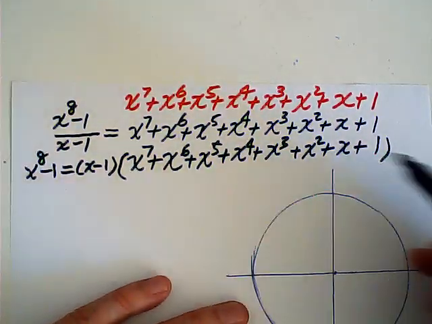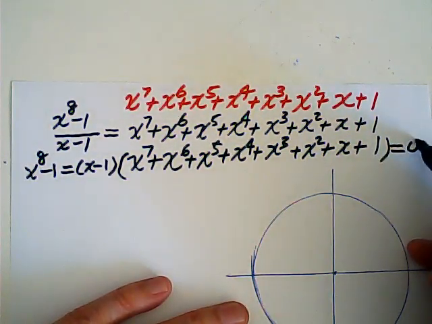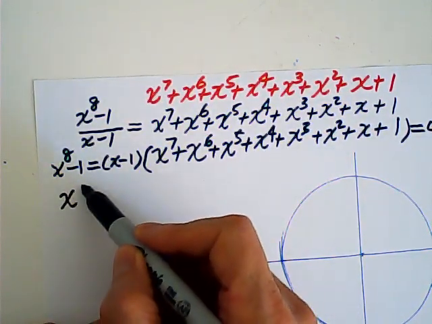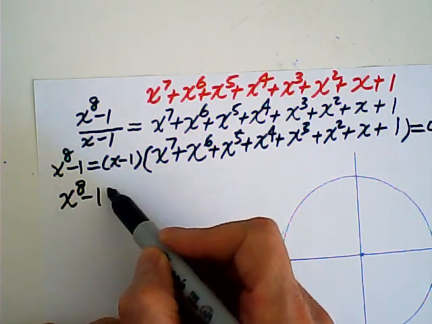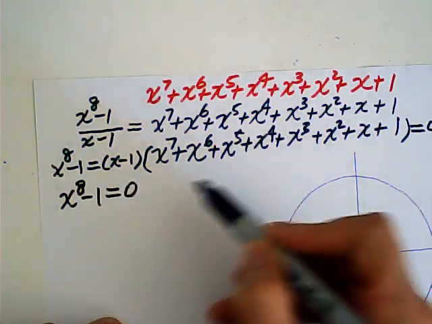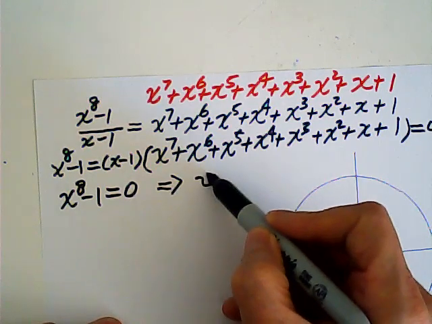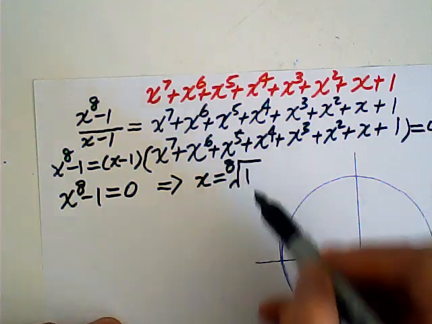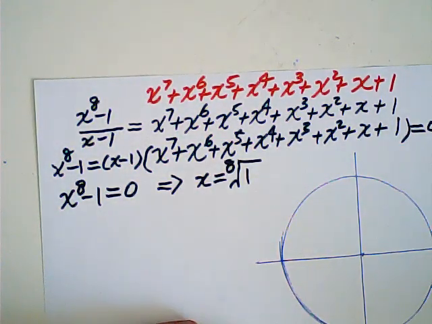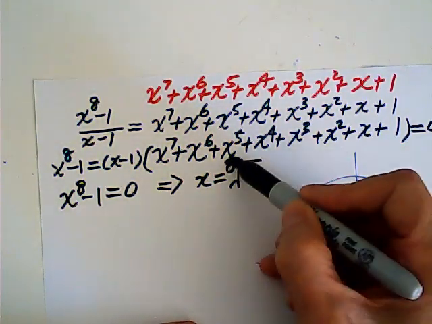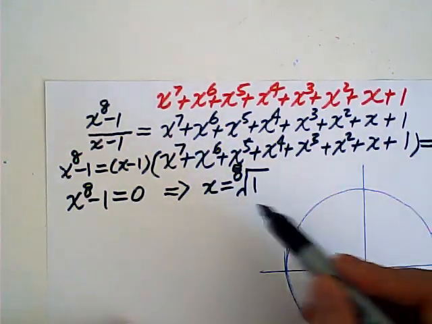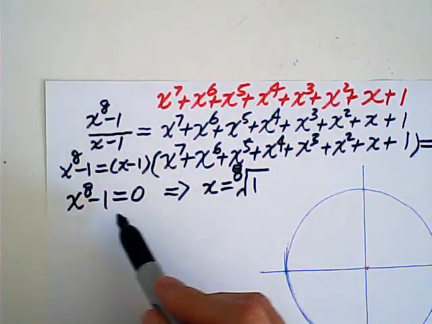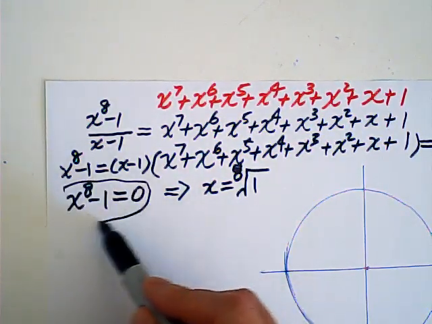If you're looking for the roots, so let this be 0. So actually x to the power 8 minus 1 equal to 0, which means that x is equal to the 8th root of 1, which means the 8th root of unity. And you have 8 roots.